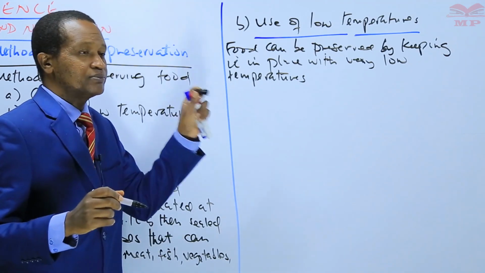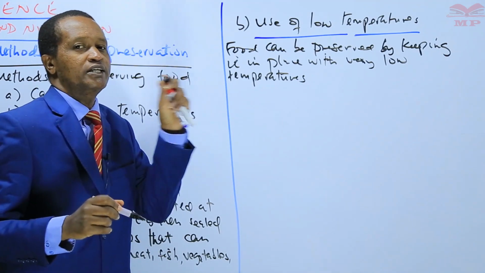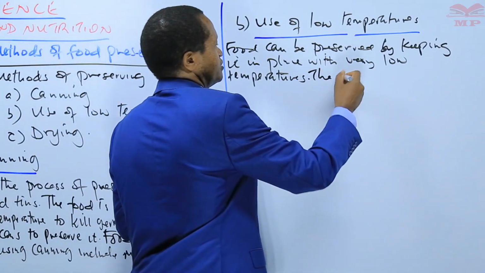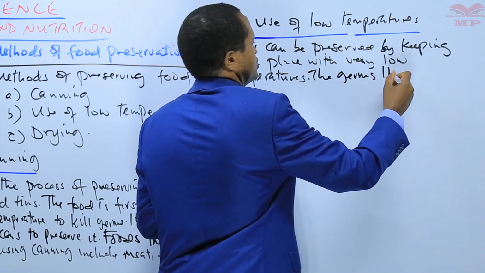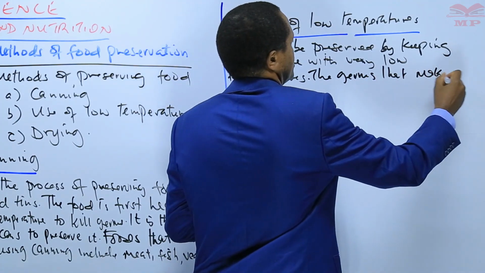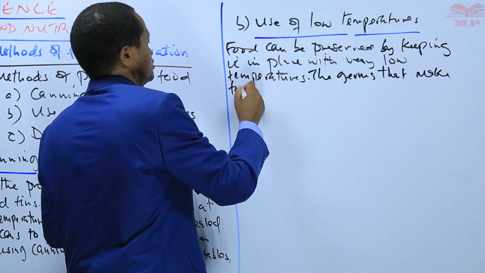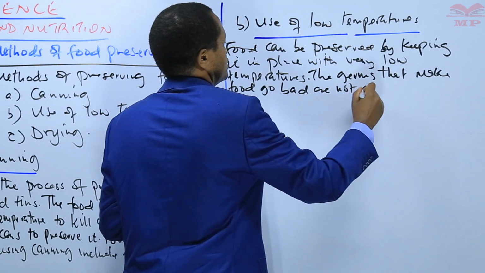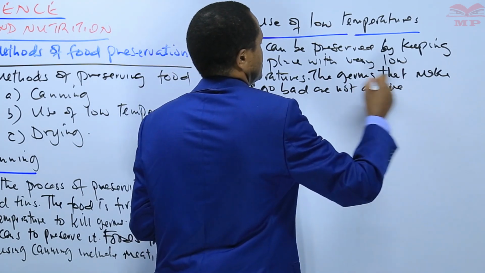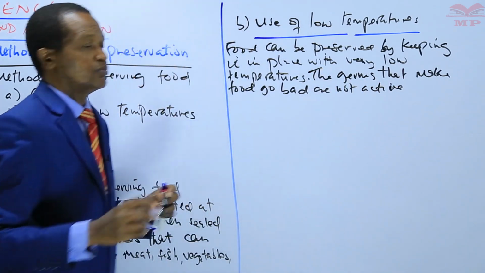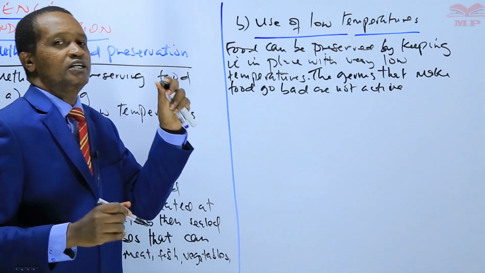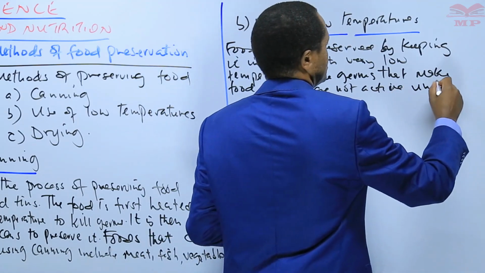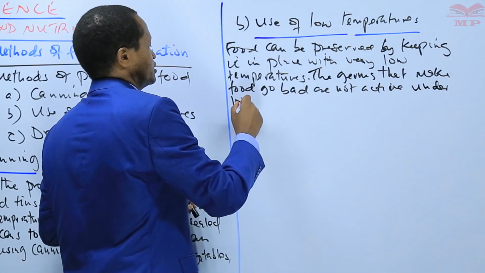Because learners, the germs that make food go bad are not active under low temperatures.